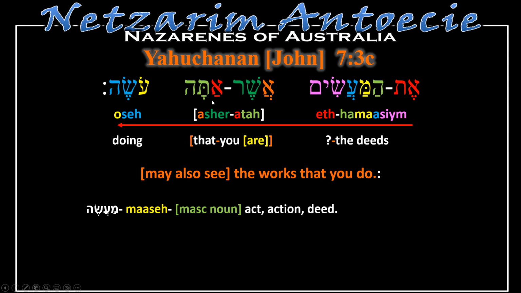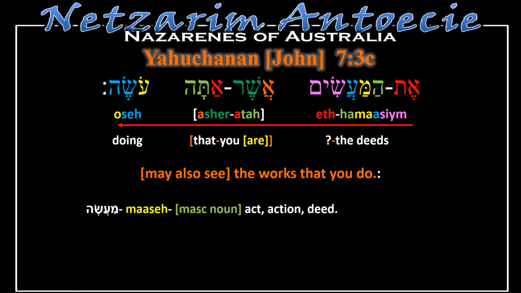Asher, that. Ata, you. And I've added "are", the reason being that the next one is oseh, doing. It's like a participle form, that you are doing. Right? And of course it comes from asa, which means to do. So, may also see, that's the disciples, the works that you do.